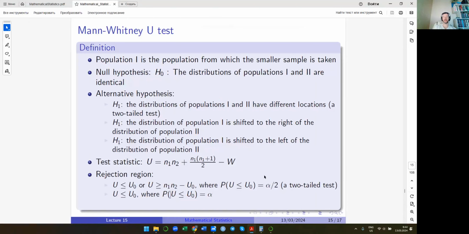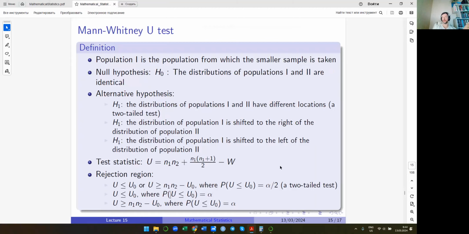In the right-tail test, we take n1 times n2 minus U0, and again U0 is such that it provides us the probability equal to alpha. So basically this is all about the Mann-Whitney test, and there is only one last step.